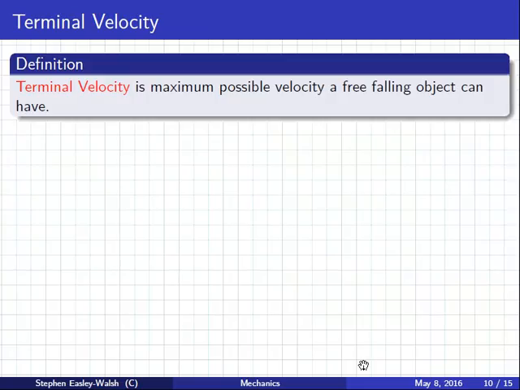It's the maximum velocity. Now, we usually just use it when we're talking about things that are falling. For example, the person who jumps out of the plane. They accelerate, but at some point they reach a maximum speed. This is called the terminal velocity.